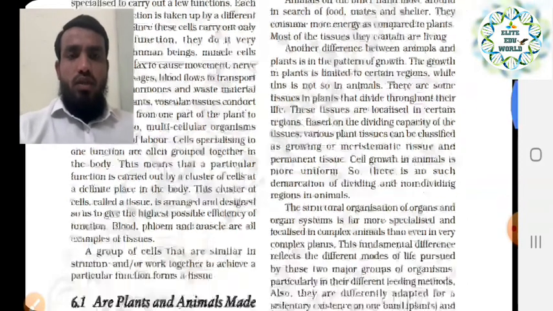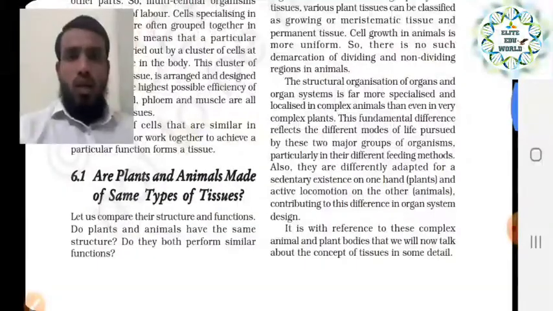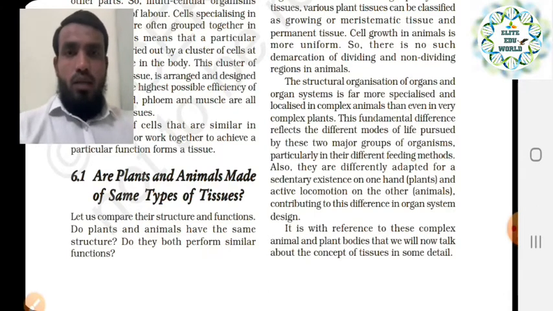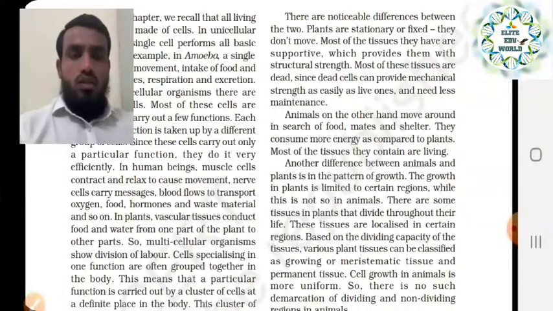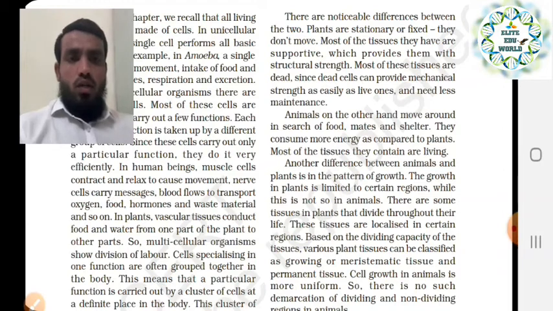And then we saw the difference between plant cell and animal cell, and why there is a change between them. These are some points we discussed in our previous lecture: the requirement of food is more in animal tissues, because animals are moving beings.